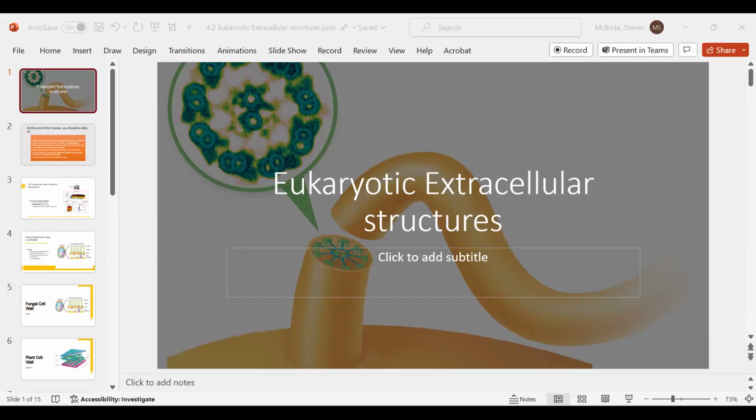So the rough ER is going to be peppered with these little ribosomes on the outside. This is where these ribosomes are directly inserted into the membrane. So it's similar to your fluid mosaic idea, in that between the membrane you can have proteins.